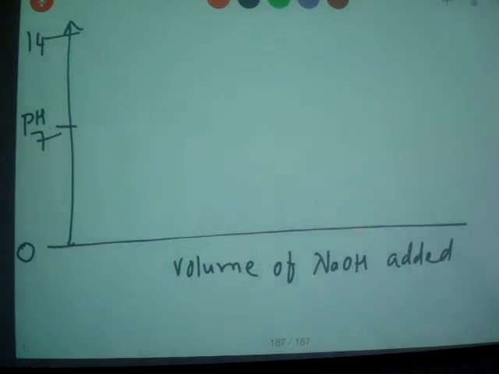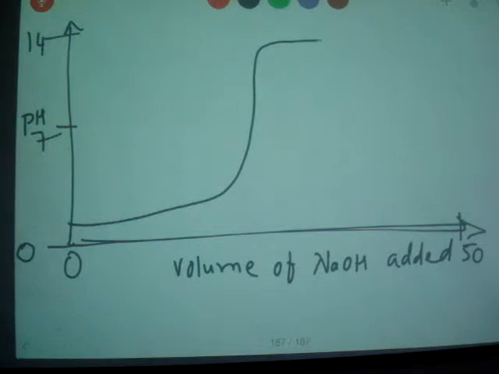And let's say it's about 0 to 50 milliliters of NaOH added. And when you draw the titration curve, you see here is the equivalence point.